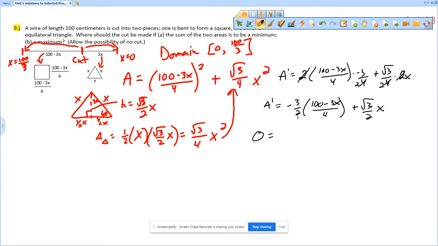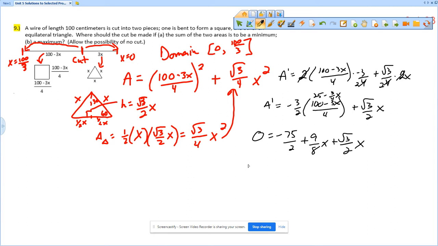Now, if I distribute here, I've got this 100 over 4, which is really just 25 minus 3/4 x. So I'm going to distribute the negative 3 halves. So I get negative 75 halves, and then plus 9/8 x plus root 3 over 2 x.